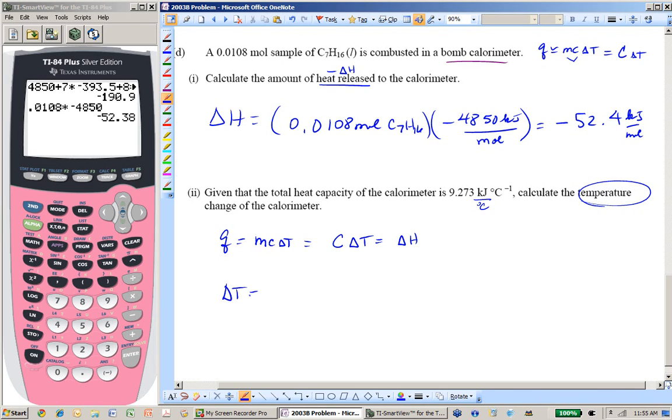So delta T is going to be equal to delta H over that big capital C, which is the 52.4 kilojoules, not degrees, sorry, that we just calculated, divided by the 9.273 kilojoules per degree C, the units on that constant.